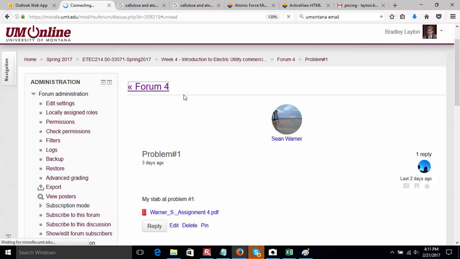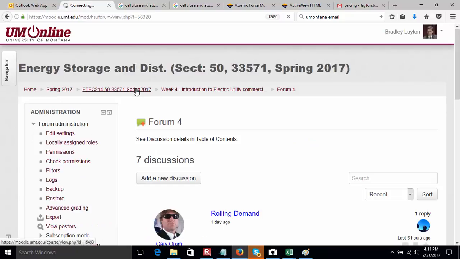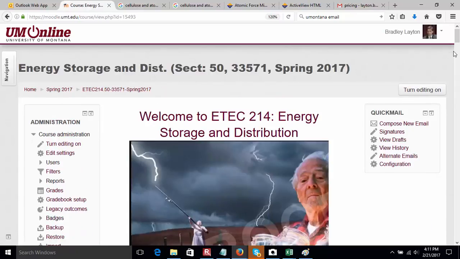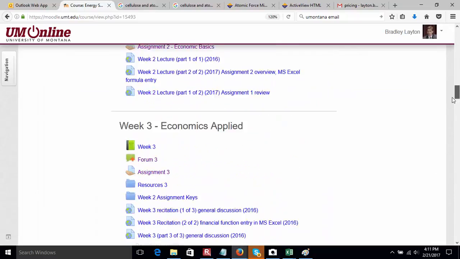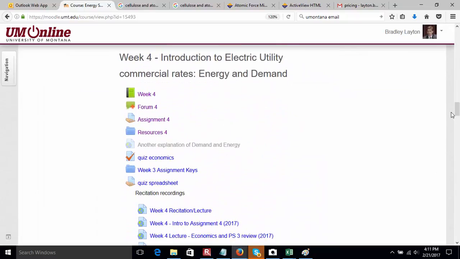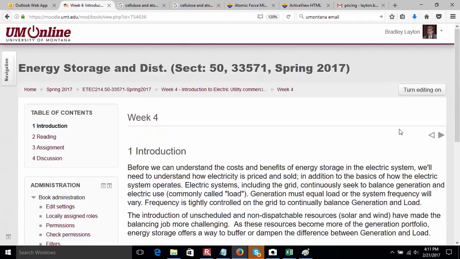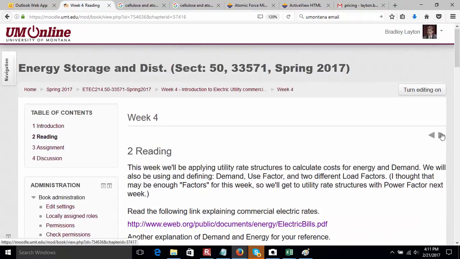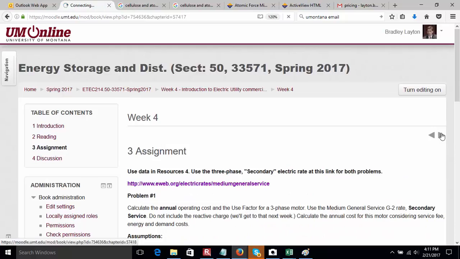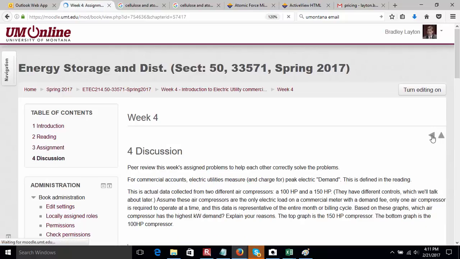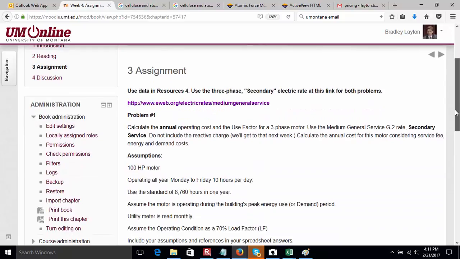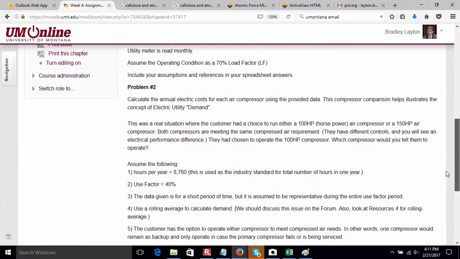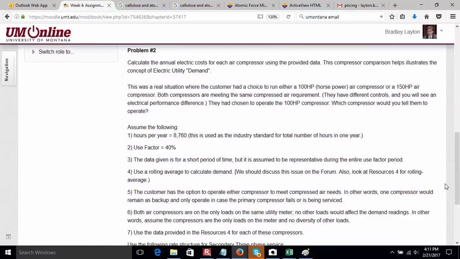So let's finally get into problem two. Read the assignment. Okay, problem two says, calculate the annual electric costs for each air compressor using the provided data.